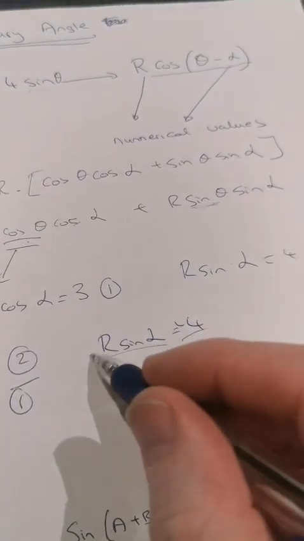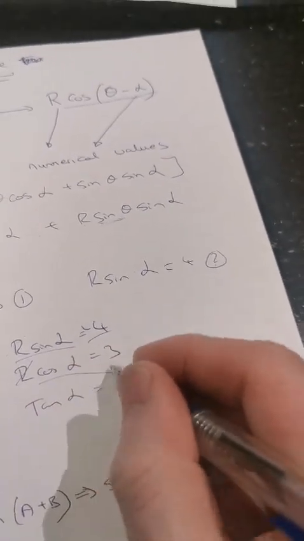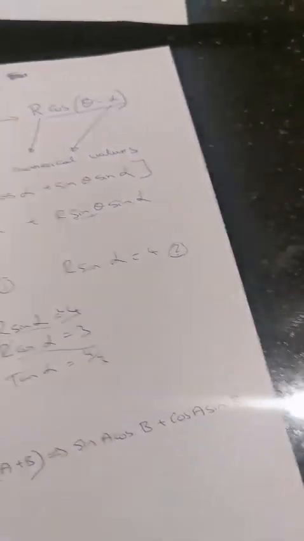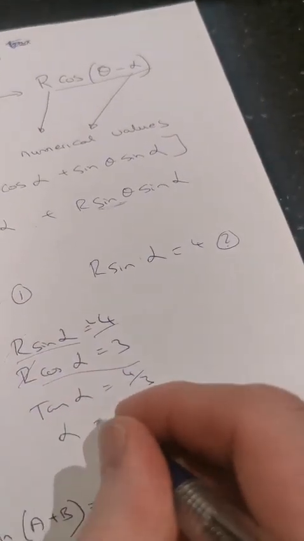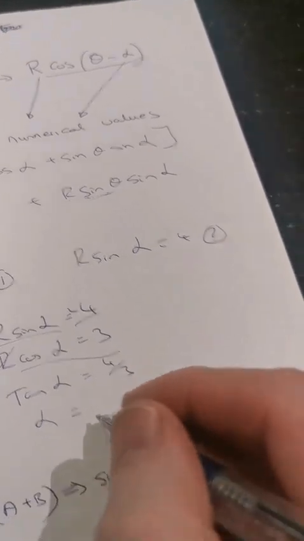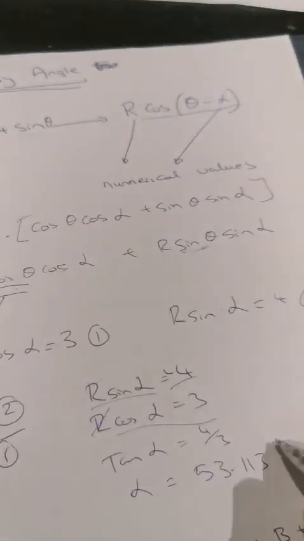Divide them both, the r's will cancel out. Sine over cos is tan alpha is equal to 4 over 3. If you go through and get the inverse tan of 4/3, you get 53.113 degrees.